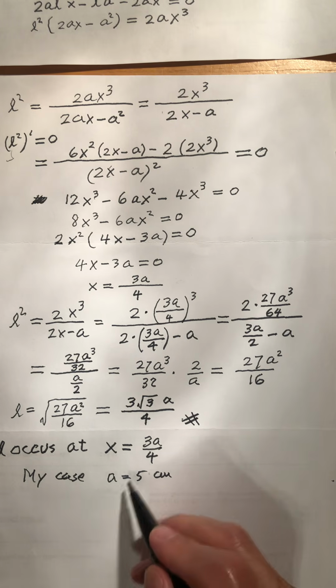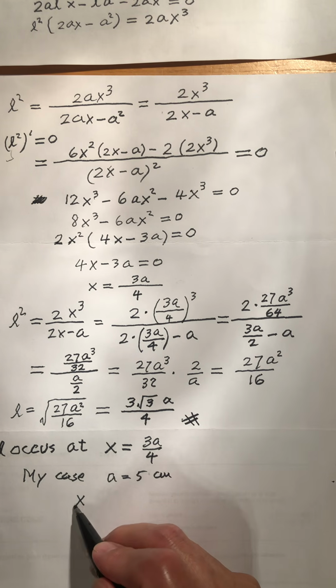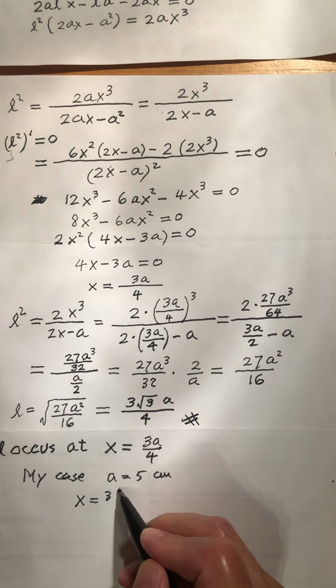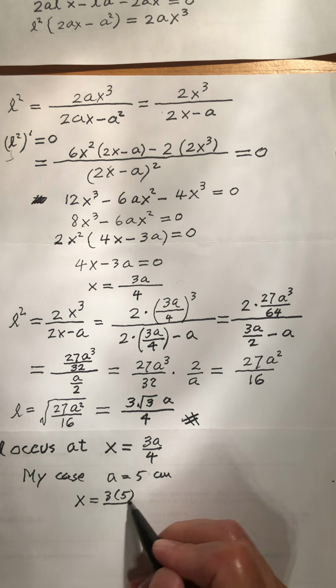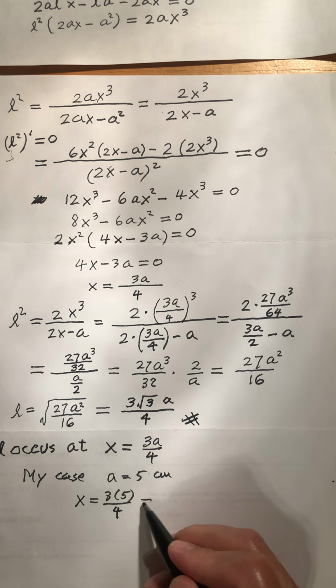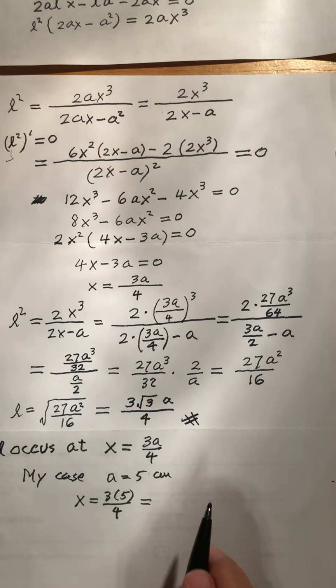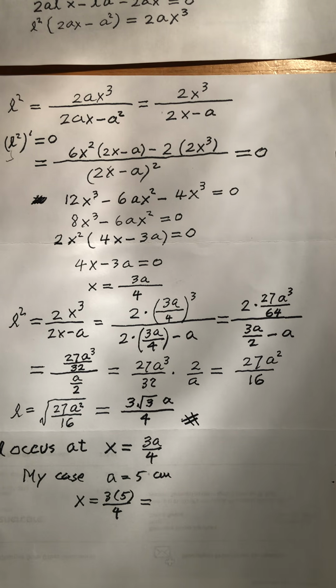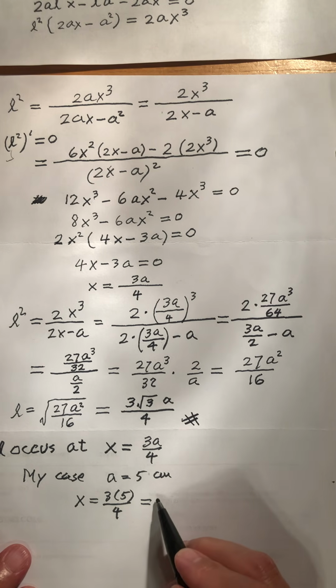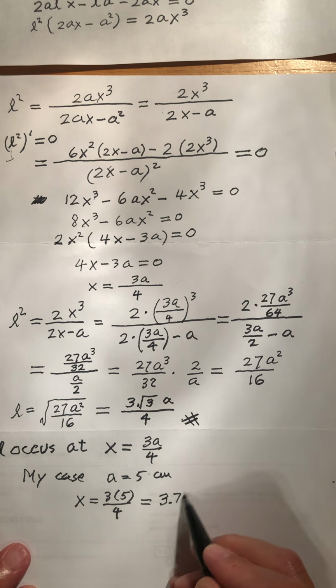So I should use x equal to 3 times 5 divided by 4. And I should use a calculator to find it. It's 3.75 cm.